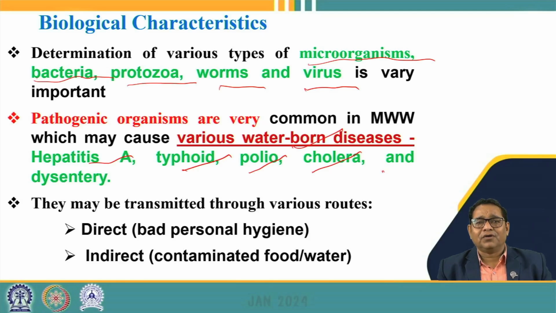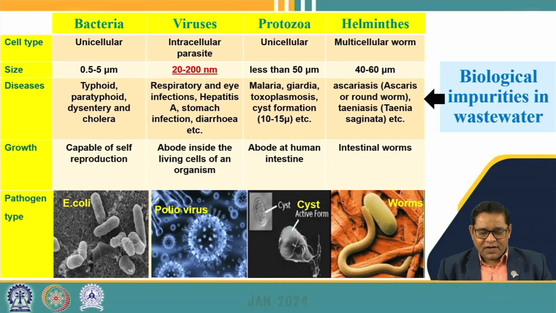They may be transferred to human beings through direct contact as well as indirect contact: directly because of bad personal hygiene, and indirectly through contaminated wastewater, contaminated water, and contaminated food they are exposed to.